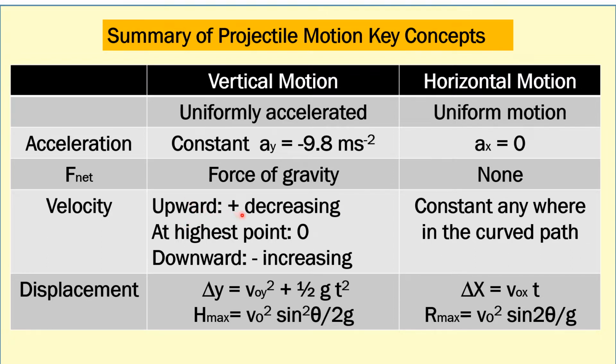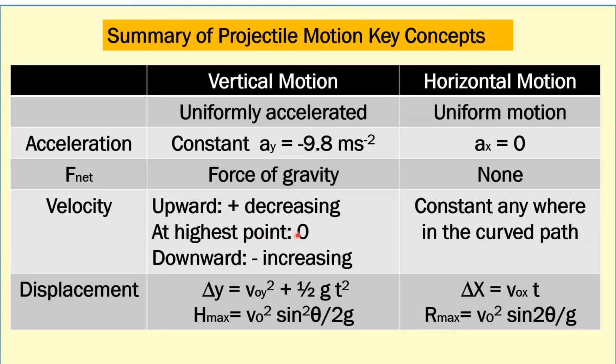We say that the magnitude of the velocity along the y is decreasing, but it is in fact heading towards the positive direction because we consider upward to mean along the positive y direction. At the highest point of its trajectory, the vertical component of the velocity must be equal to 0. Take note of that.